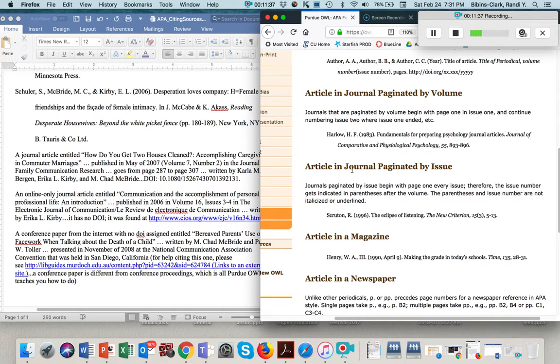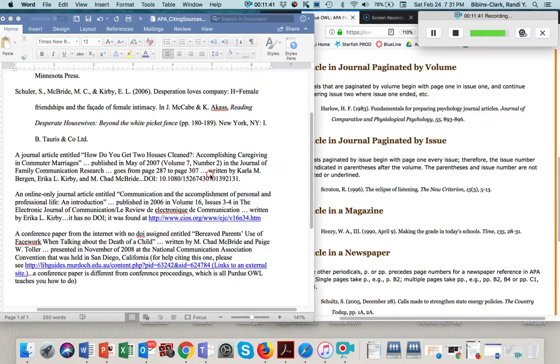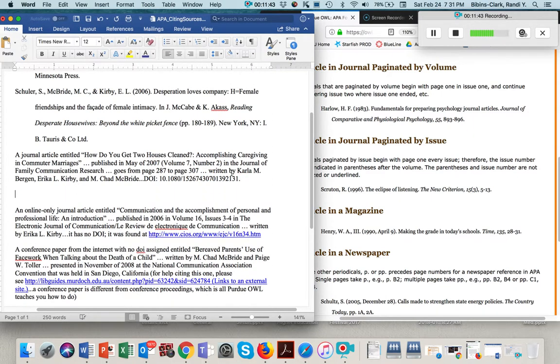Okay, so first thing always is the author and the year of publication. So our authors, we have Carla Bergen, Erica Kirby, and Chad McBride again. So we're going to start with Bergen, K., with a period and a comma. Her middle initial is M. Next we have Erica Kirby.